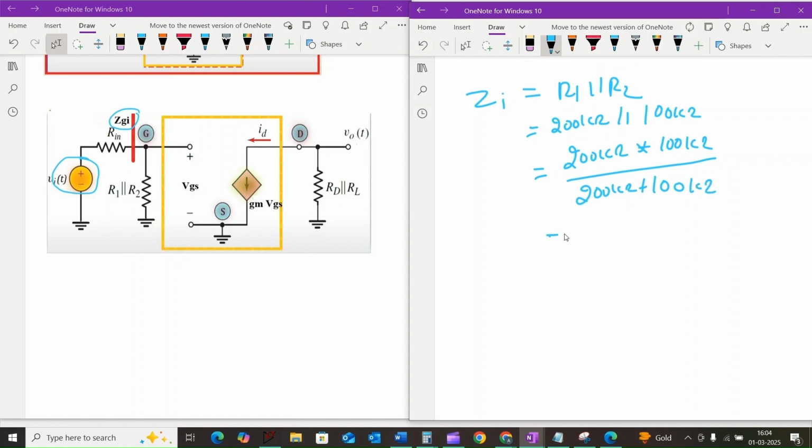So when we simplify this, we will get 66.67 kilo ohm. The input impedance of the circuit will be 66.67 kilo ohm.